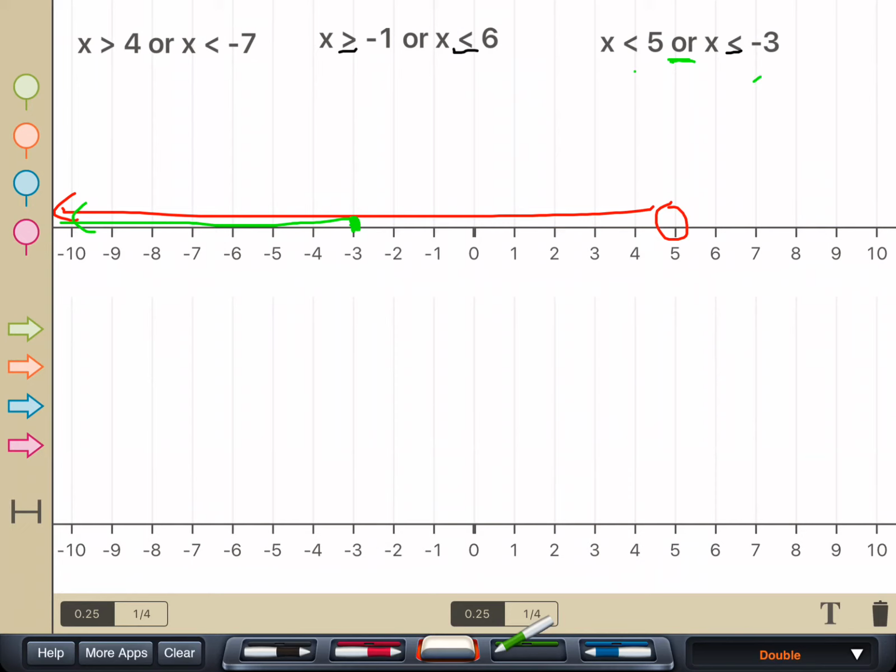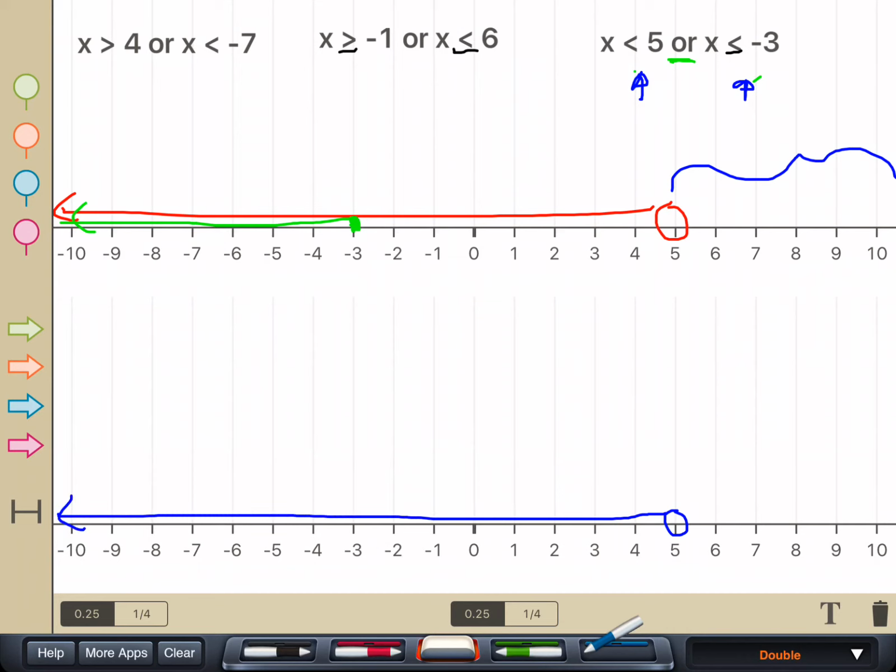Or in other words, we're not going to graph any values that work for neither of them. Now, the only values that do not work for either of these are 5 and up. They don't make either of these inequalities true, but we can graph everything else, which means we're going to end up graphing anything less than 5.